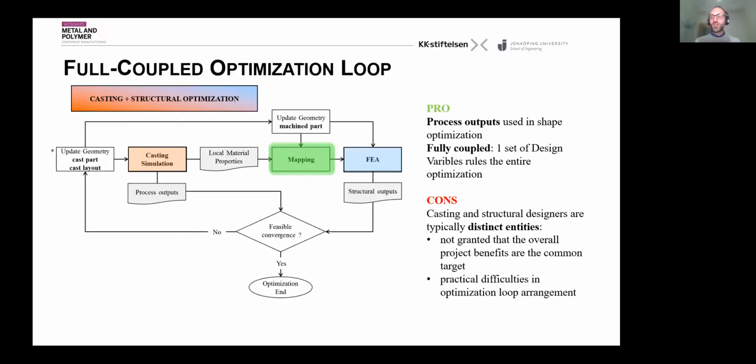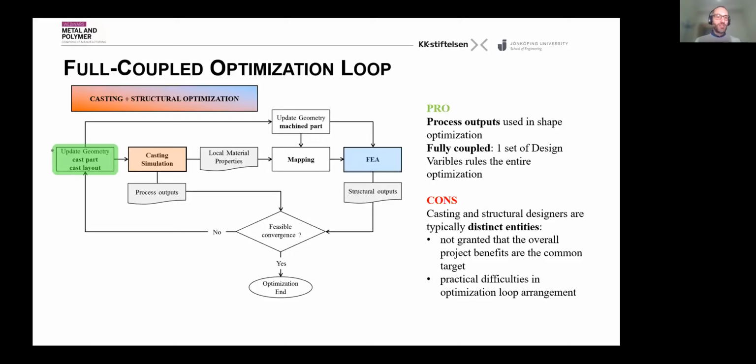And of course, the output that drives the convergence, so the feasibility of the optimization process, should be related to the structural optimization, meaning the safety factor, the weight reduction, and so on, but also related to the casting design, just to get a robust and cheap casting process.